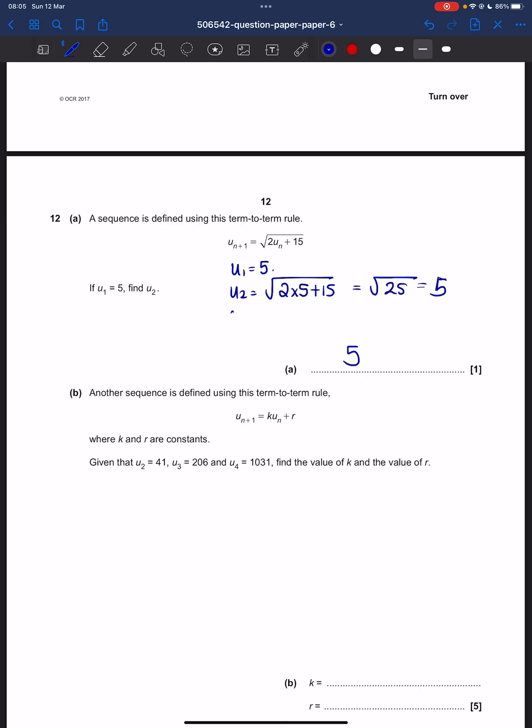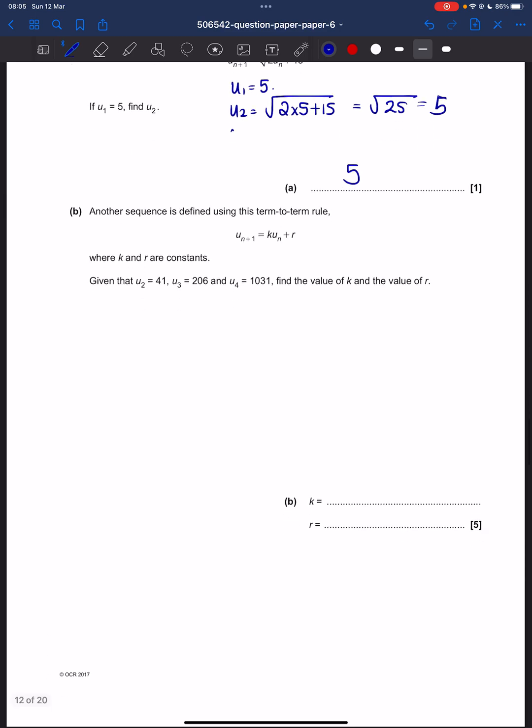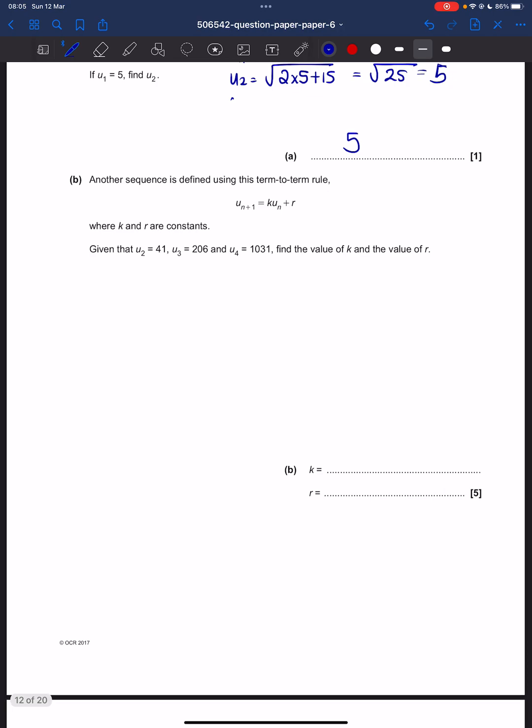Okay. Right, another sequence is defined using this term-to-term rule: u(n+1) is k u(n) plus r, where k and r are constants. And then we've got u2 is 41, u3 is 206, and u4 is 1031. Find the value of k and the value of r. Okay. We don't know u1, so I can't use u2.